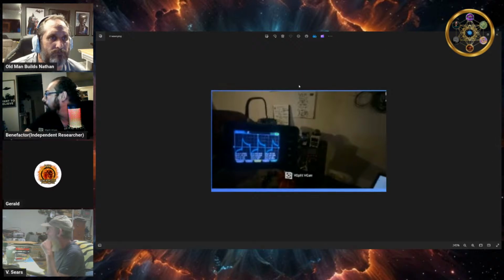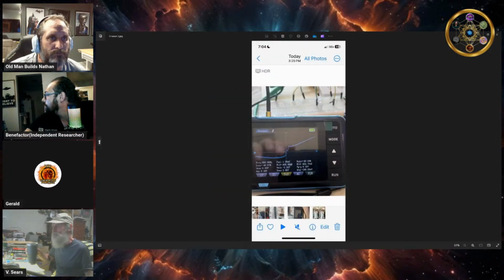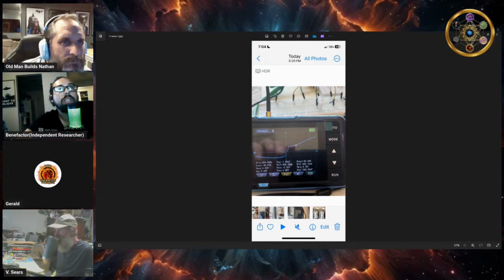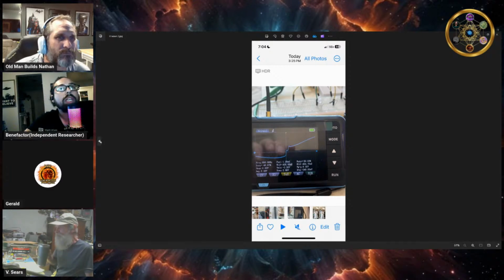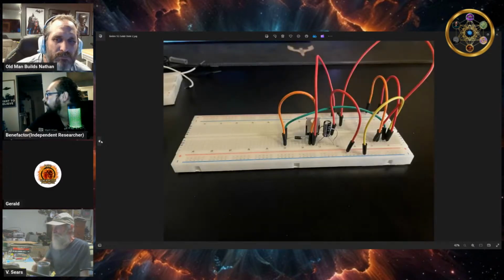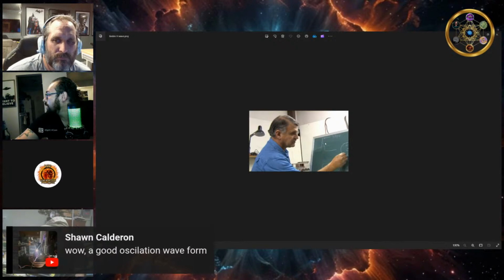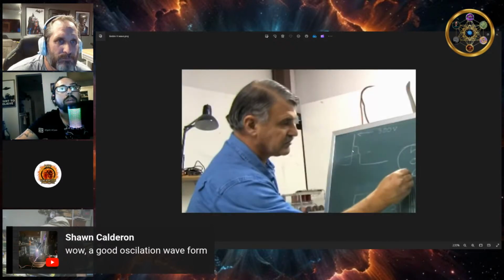As you can see, when I zoom in, it produces basically what John Bedini described as a perfect H wave. That explains a lot of what's going on with the coil in terms of getting the over unity, the extra energy coming out of the system. It explains everything, really. And this is John Bedini's diagram of the H wave, what you're going to be looking for.